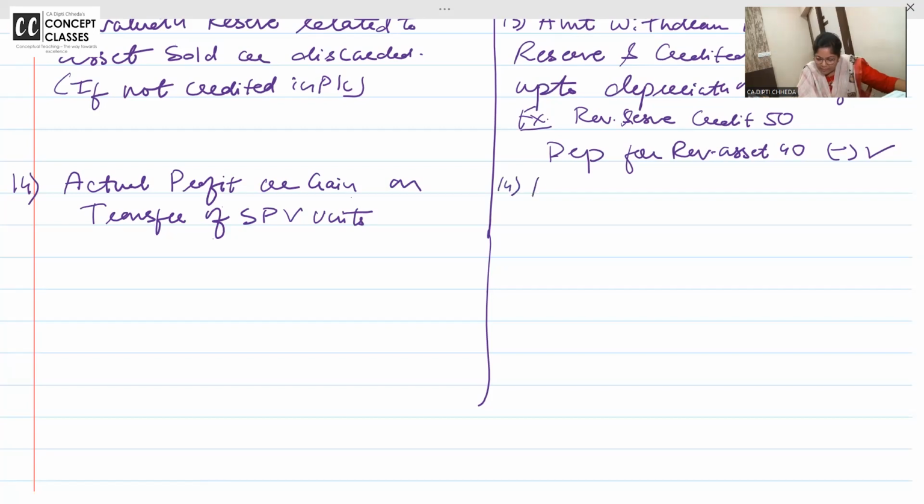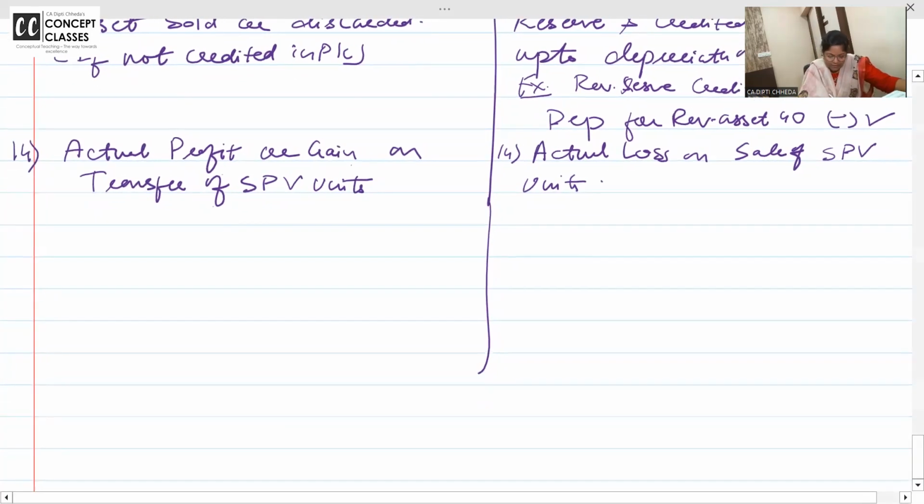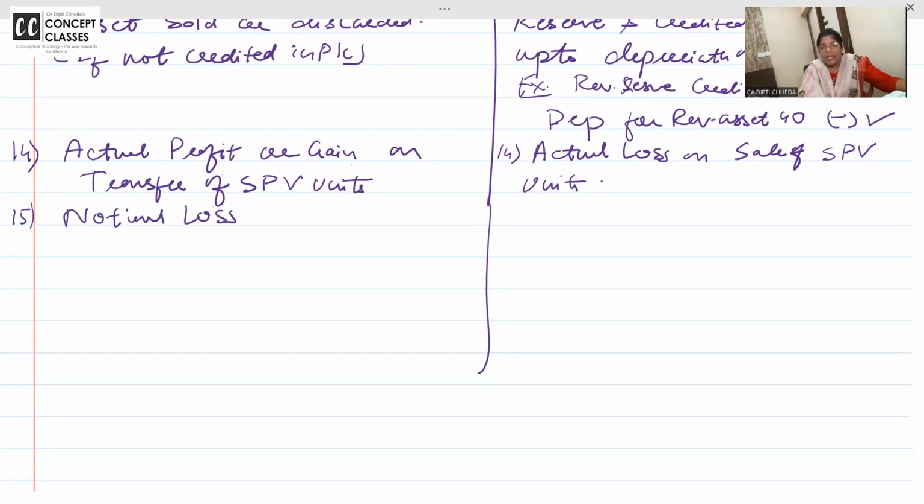In the same way, 14th item: write down actual loss on sale or transfer of SPV units. Actual loss, on transfer of the SPV units, you need to deduct it. In the same way, add back notional loss. If some notional loss is debited, add it back.